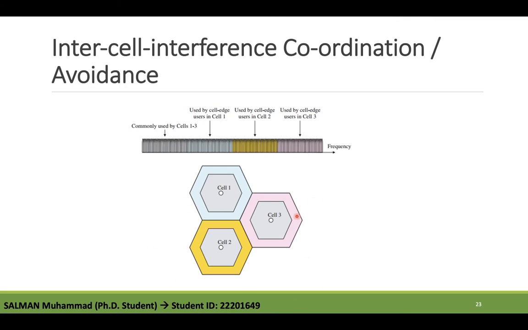This figure illustrates an example of the coordination of the inter-cell interference. As shown in the figure, one cell frequency is reused at the center part of all the cells, whereas a different band of frequency is used for the edge of the cells. This fractional frequency reuse, which is introduced in the region near the edge of the cell, is to avoid the interference from the other cells.